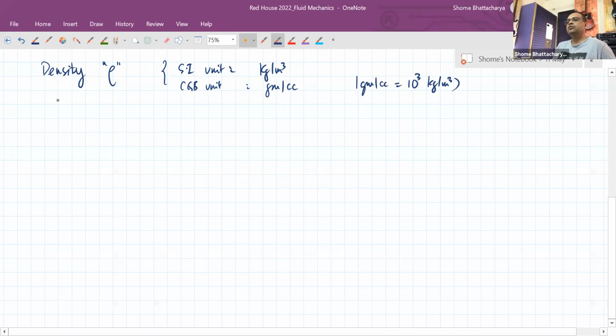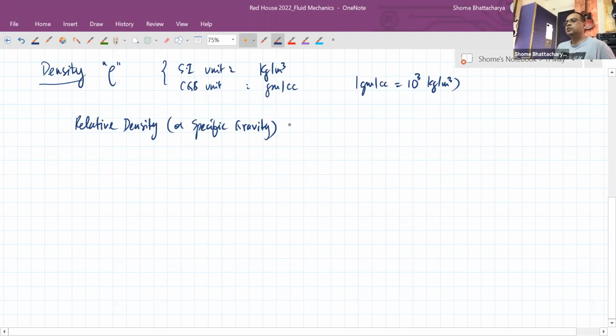Another term that we'll use often, related to density, is relative density. I'm sure you would have heard of this. Another name for relative density is specific gravity. It's quite weird why it is called specific gravity, because it has nothing to do with gravity.